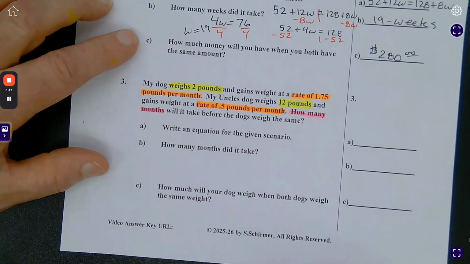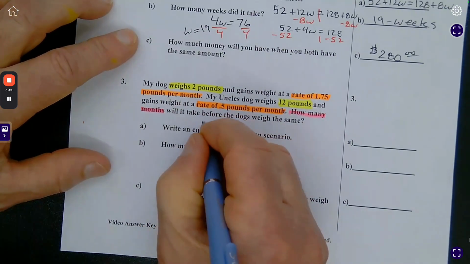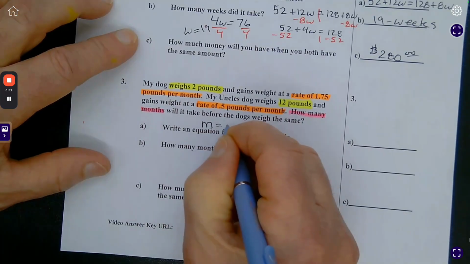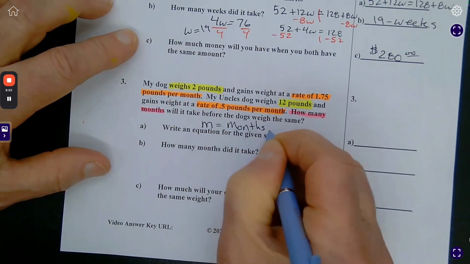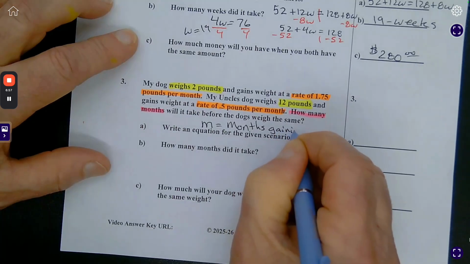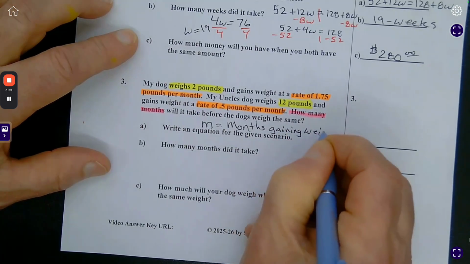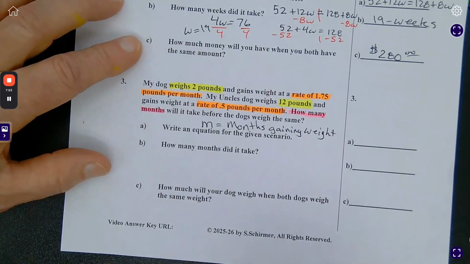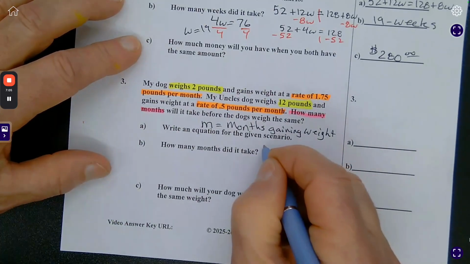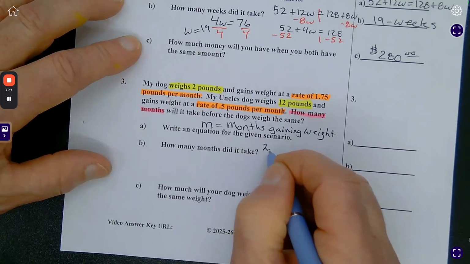Okay, here we go. So, M equals the number of months that my dogs have been gaining weight. Let's write an equation. The dog starts off at 2 pounds. That's the initial amount.